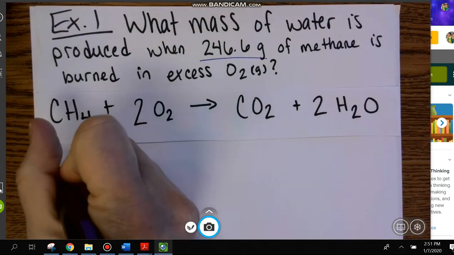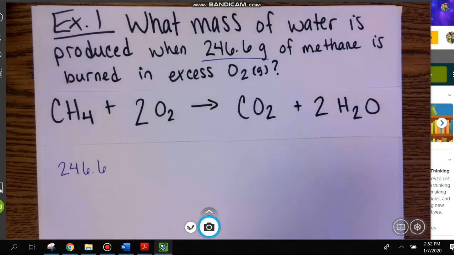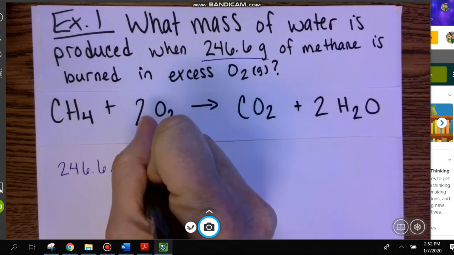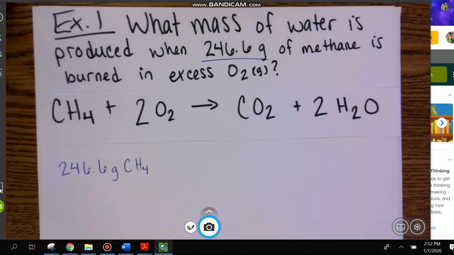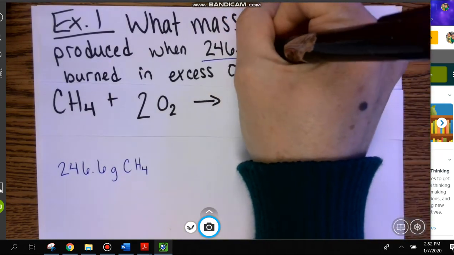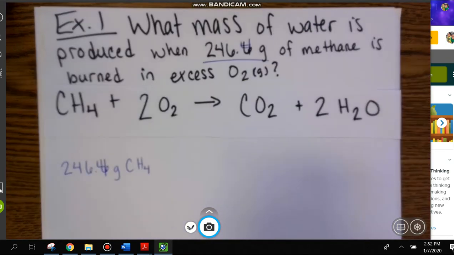So when you start with that, always write down your given, and I've also told you guys always make sure that you write down your units and make sure you write down what you have. Your substance. So 246... I wrote this down wrong. It's supposed to be 246.4. I apologize, guys. So 246.4 grams of CH4.